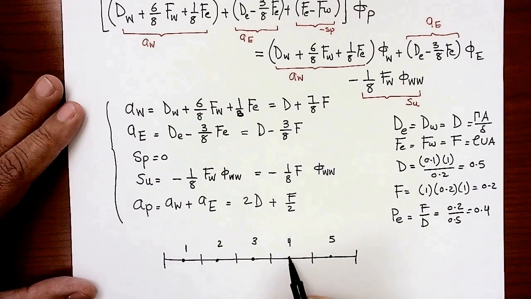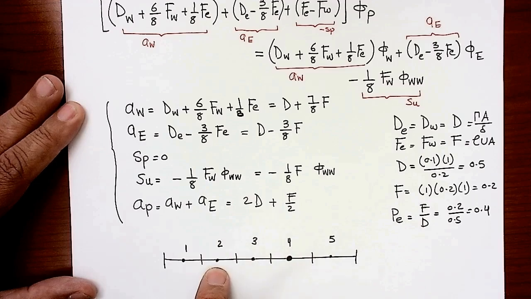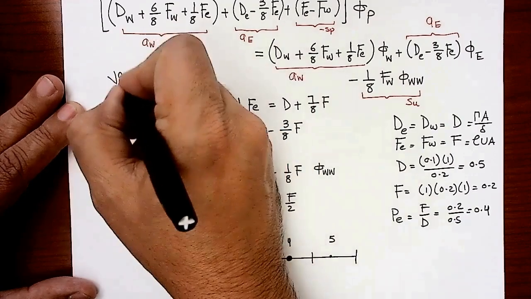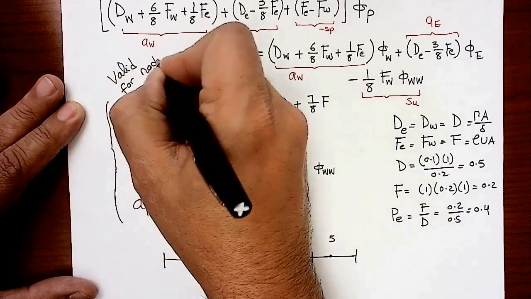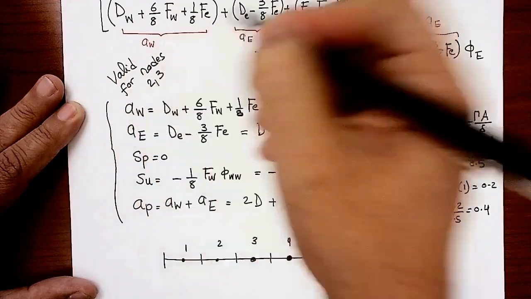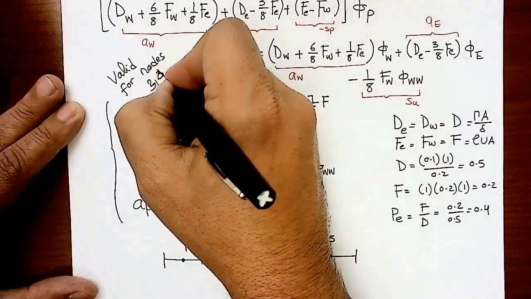So if I pick point number 4 as an interior node, I will have 3 and 2 as upstream nodes, and I have 5. For number 3, I have 2 nodes here, but I don't have one for number 2. So this equation is actually valid for nodes 3 and 4.